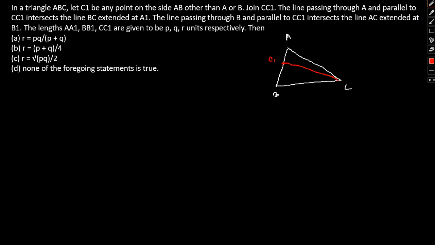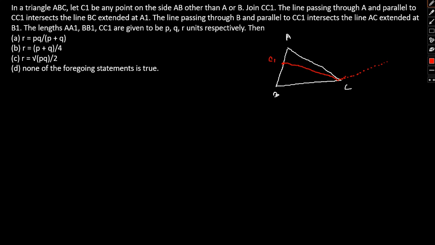The line passing through A parallel to CC1 intersects BC extended at A1. So let me extend BC. BC is extended here.